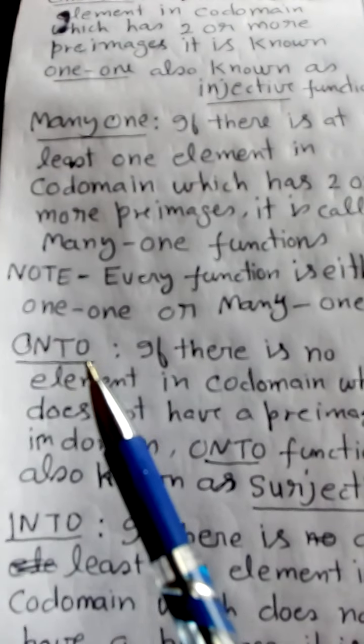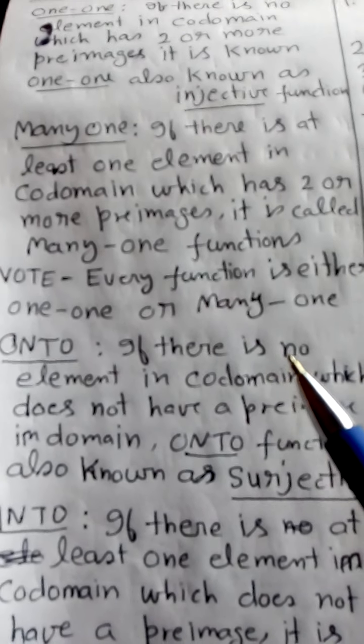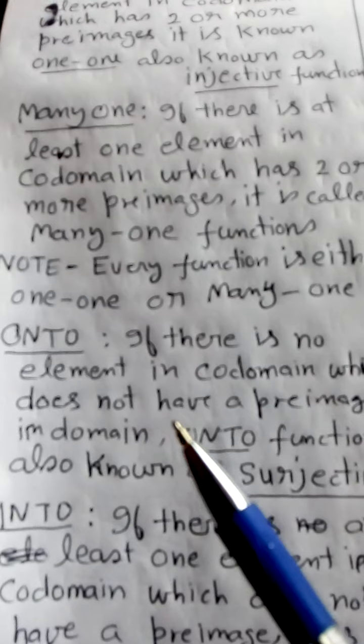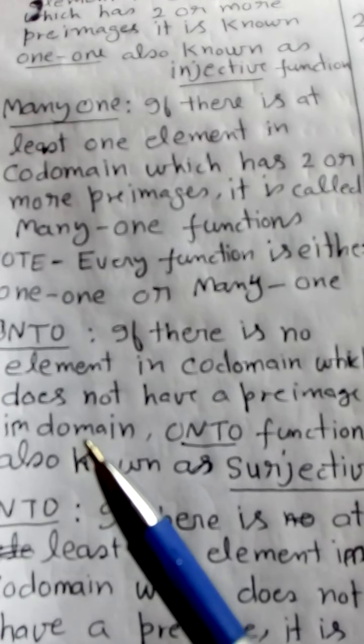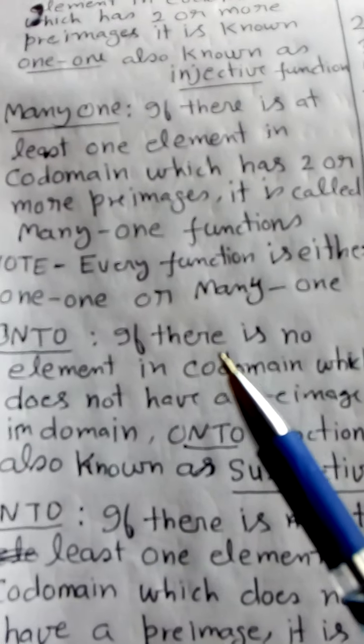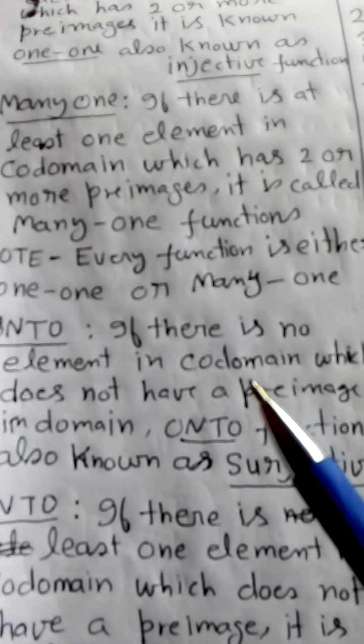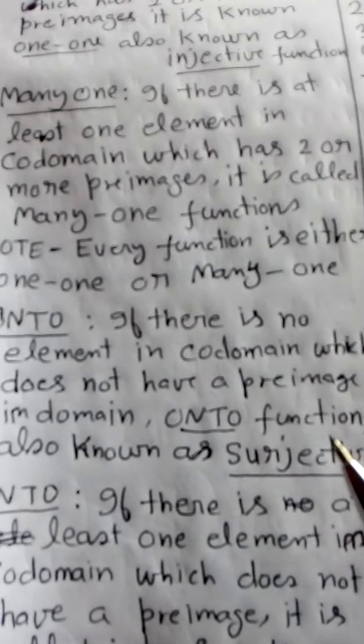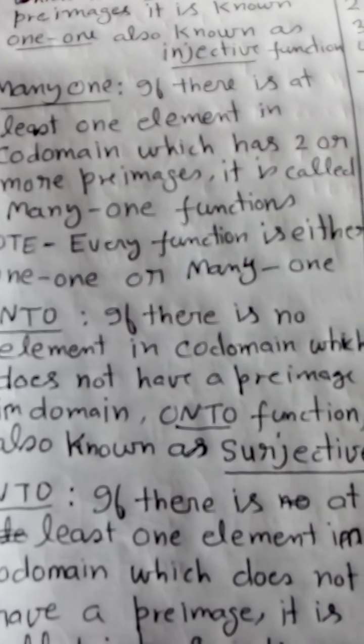Now the second classification is on two into. If there is no element in codomain which does not have a pre-image in domain, it is called an onto function, also known as surjective.